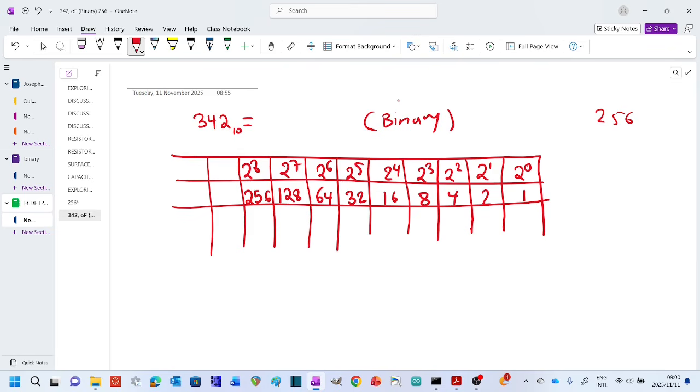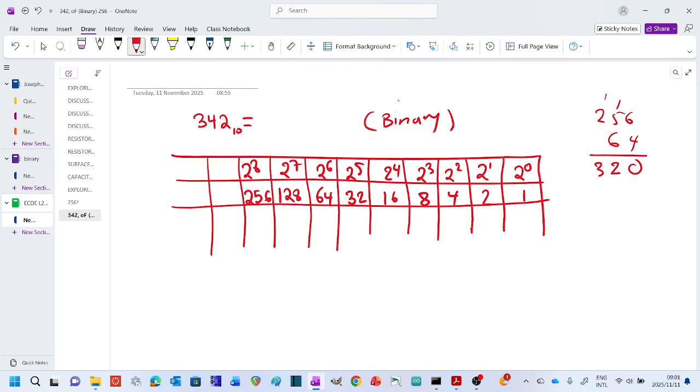So 256, we can try plus 64. That's 320, which is still smaller. Plus 32 is going to give me 352, that's bigger.